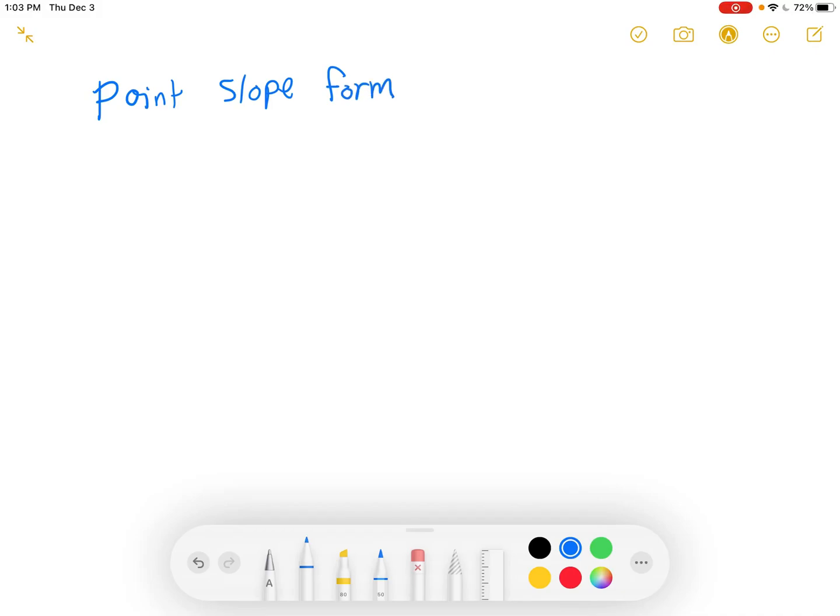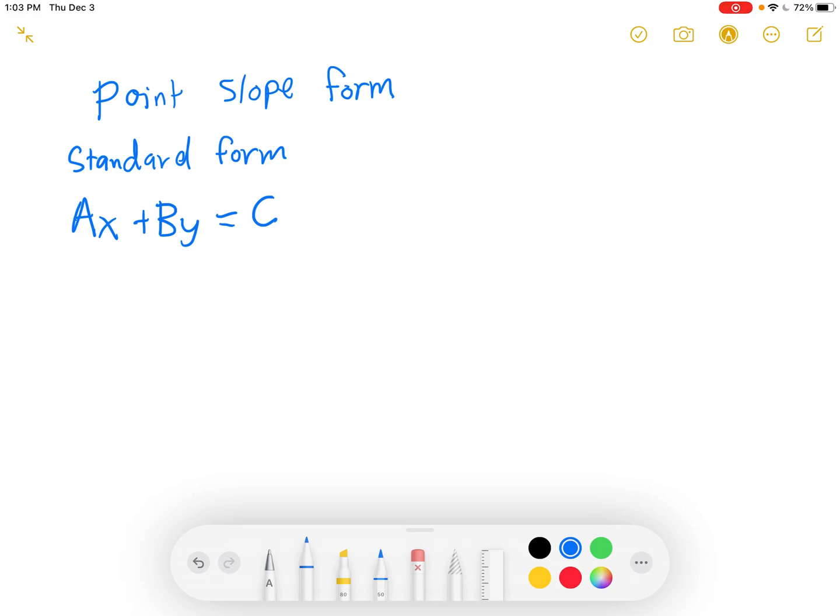Today we're going to talk about a different way to represent linear equations or linear functions. It is called point-slope form. Previously, we have looked at standard form, which is ax + by = c.